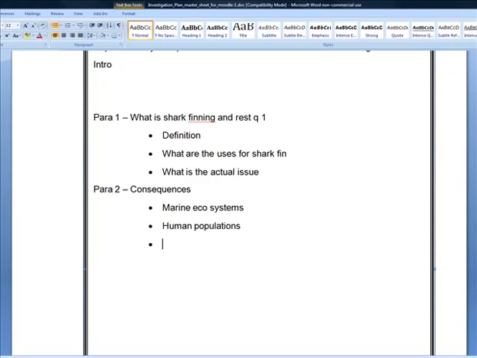And in part of the consequences, I'm also going to be talking about the food web and flow-on effects of causing the destruction of a species.